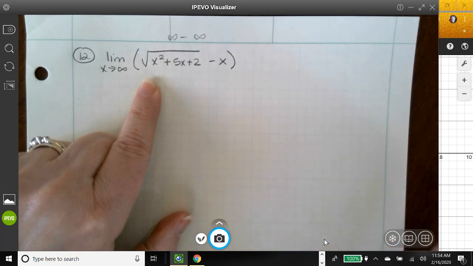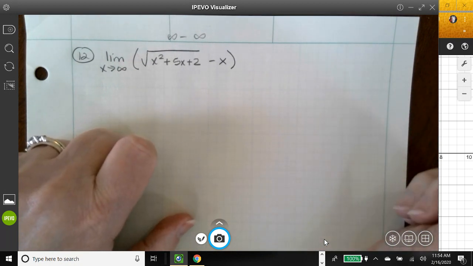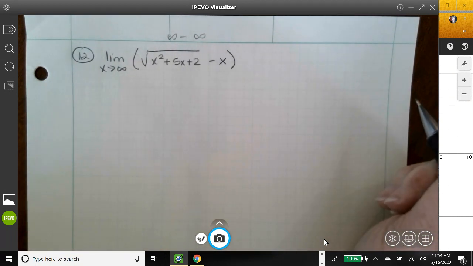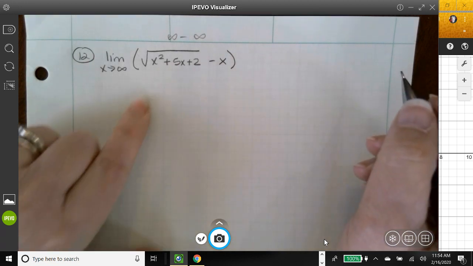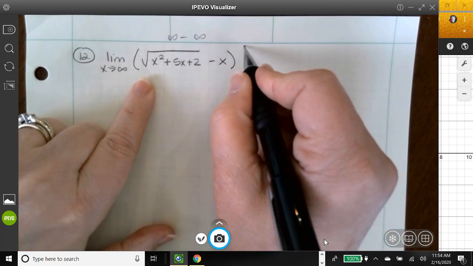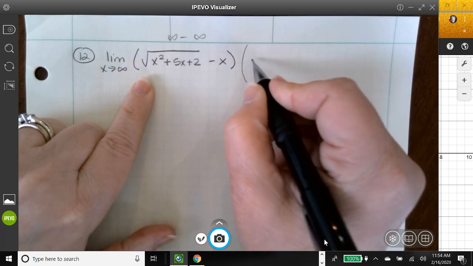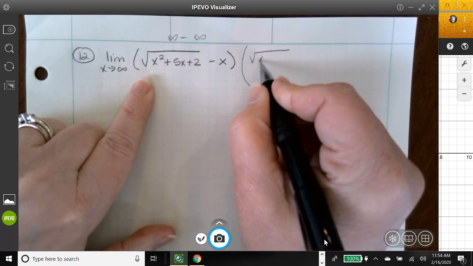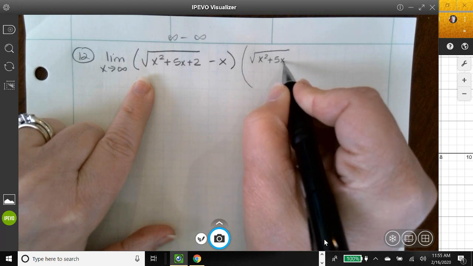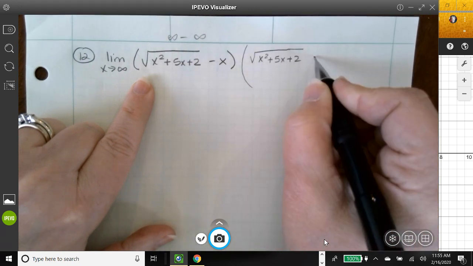So somehow we have to get a fraction out of all this madness, and I can't just divide by the reciprocal because they're not multiplied together. So I have to use some math magic that we're familiar with for square roots, which is use of the conjugate. So I'm going to multiply this by the conjugate of this, which would be the square root of x squared plus 5x plus 2 plus x.